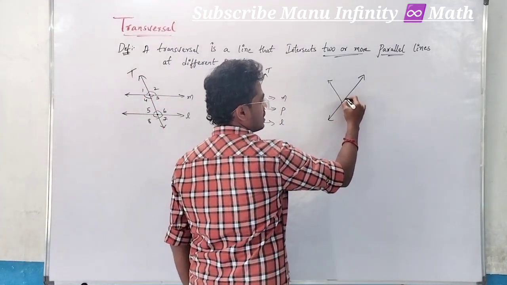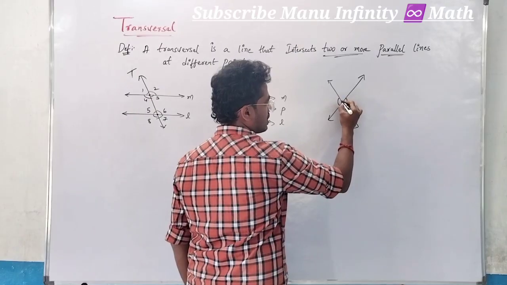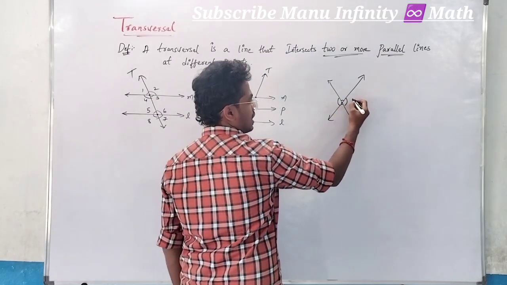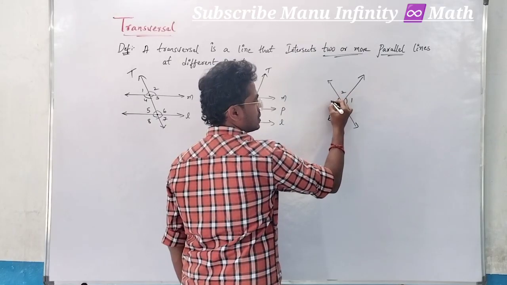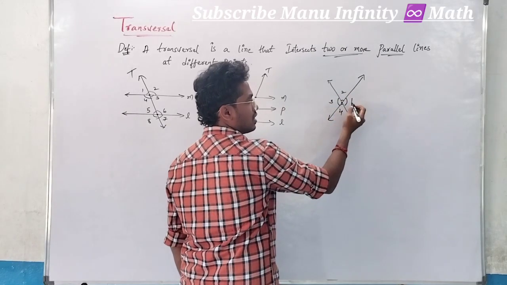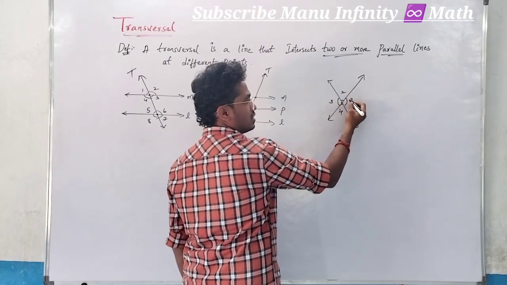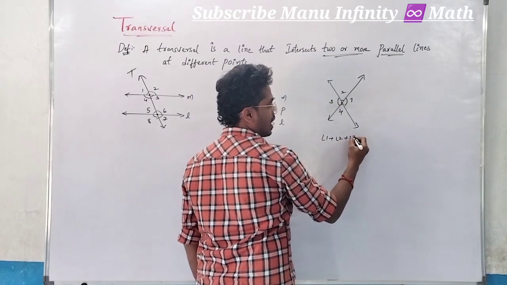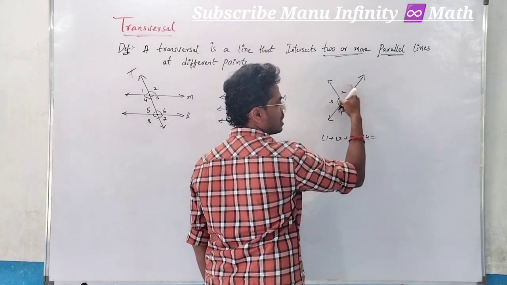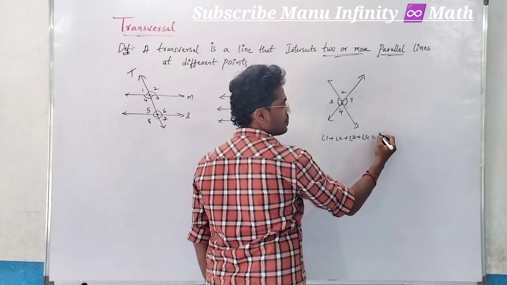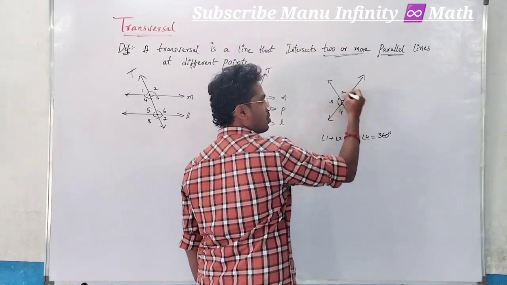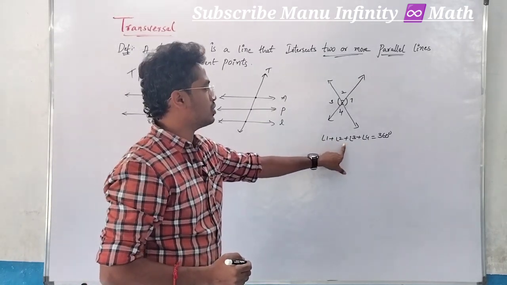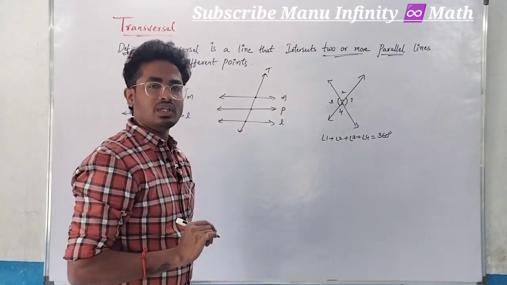Let this be angle 1, this 2, this 3 and this 4. Angle 1 plus angle 2 plus angle 3 plus angle 4 should be a complete one rotation, so it should be 360 degrees.